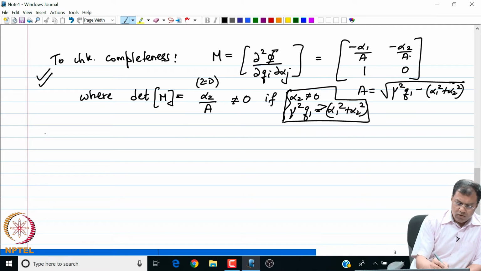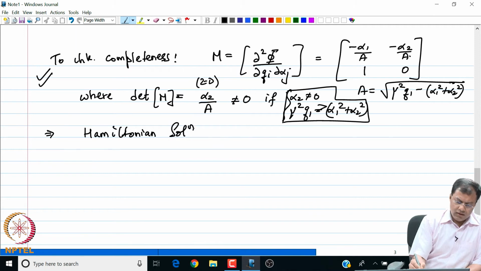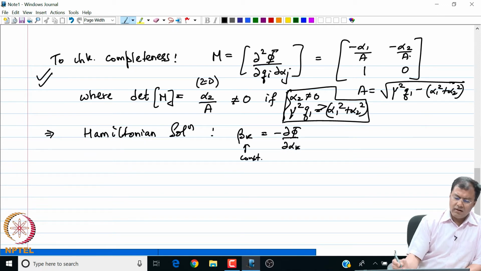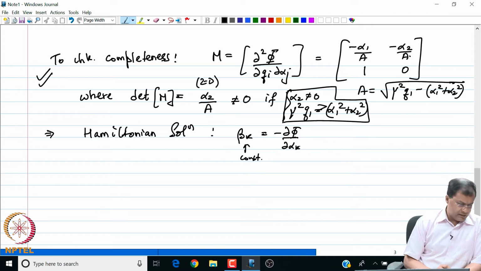So it implies that my Hamiltonian solution, or the extremal Hamiltonian solution, is given by beta k, where beta k's are constants, equal to negative del phi del alpha k, right. This is from our result discussed in the previous lecture.